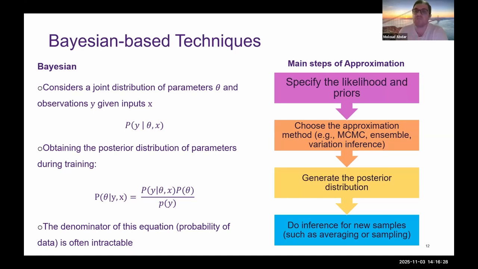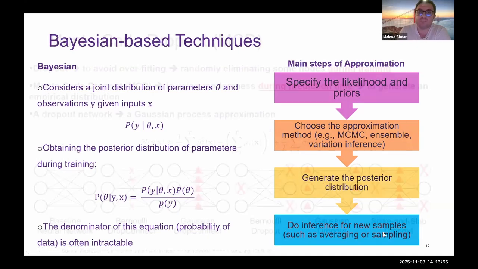So here are the main steps of the approximation. We need to specify the likelihood and the priors, and then choose the approximation method, for example, MCMC or variational inference, and so on. After that, we need to generate the posterior distribution and finally do inference for new samples, such as averaging or sampling.